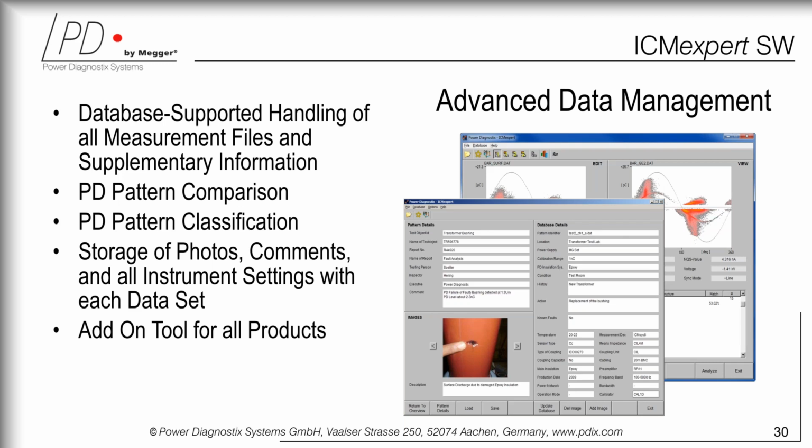People can store photos, comments, effectively can monitor very effectively the asset across time. And the ICM expert can give a certain level of advice on what problems this transformer may have. And as a result, a specialist may dial in further, and we have plenty of people here that can help you with that.